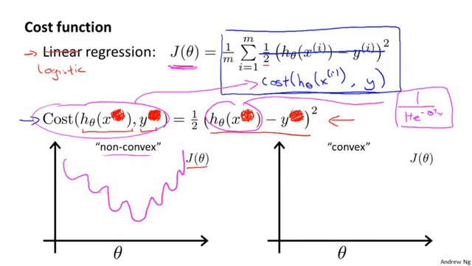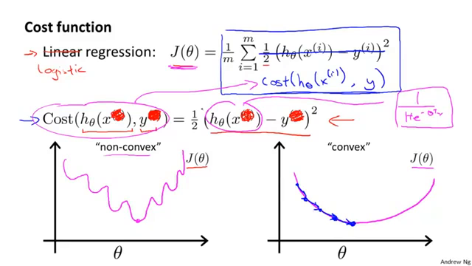And you can kind of tell, if you were to run gradient descent on this sort of function, it is not guaranteed to converge to the global minimum. Whereas in contrast, what we would like is to have a cost function J of theta that is convex, that is a single bow-shaped function that looks like this, so that if you run gradient descent, we would be guaranteed that gradient descent would converge to the global minimum.